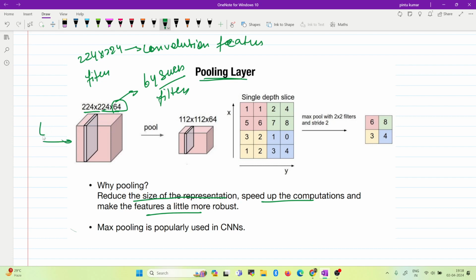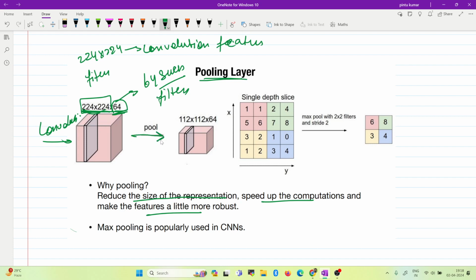You would have applied the convolution over here to obtain this. So you use 64 different filters, and after applying one particular filter, the feature that you are getting is of size 224 cross 224. After that, you do the process of pooling.